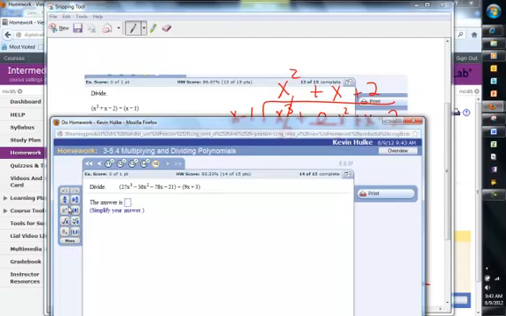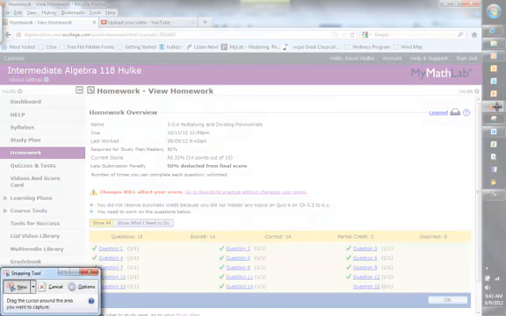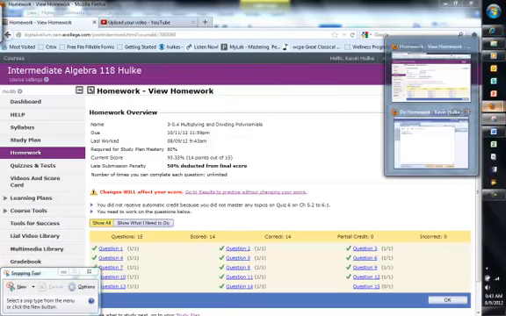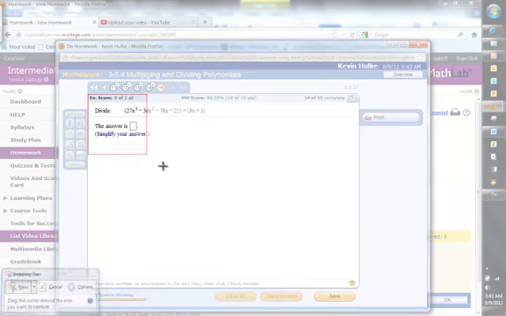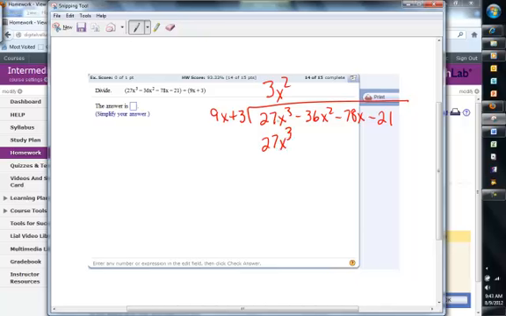Number 15. Another last long division. Here we go. 9x plus 3 goes into 27x cubed minus 36x squared minus 78x minus 21. 3x squared times 9 is 27x cubed. 3 times 3 is 9x squared.